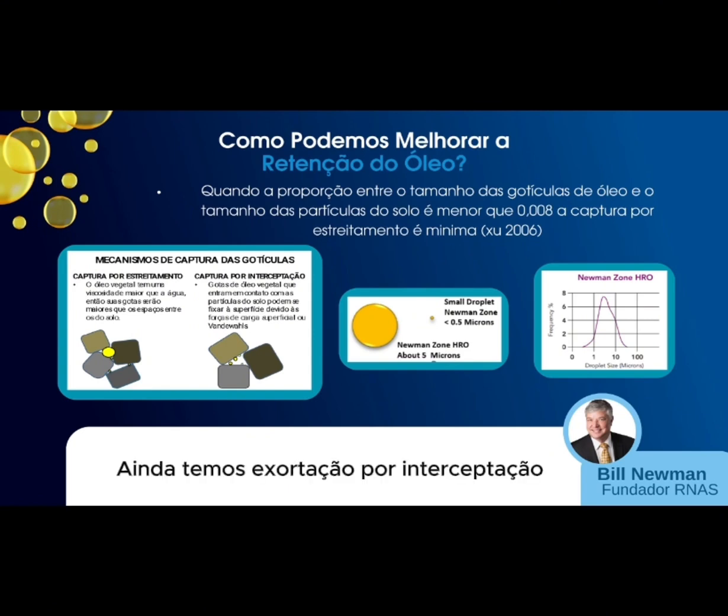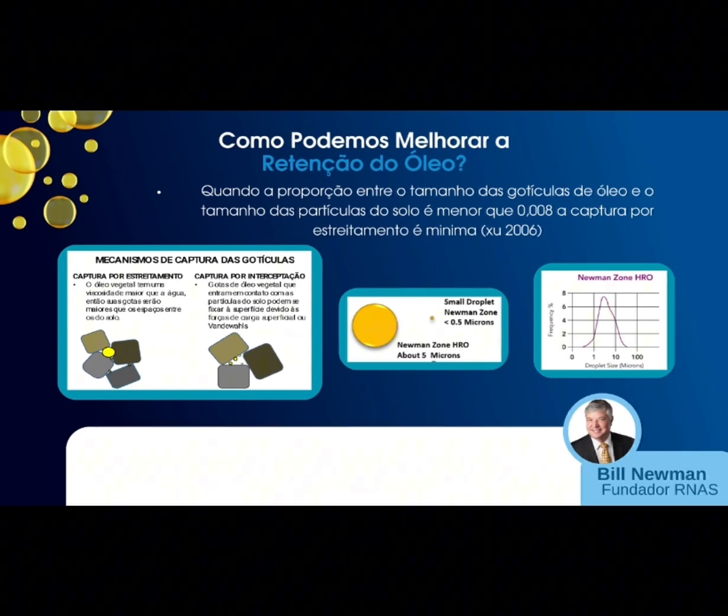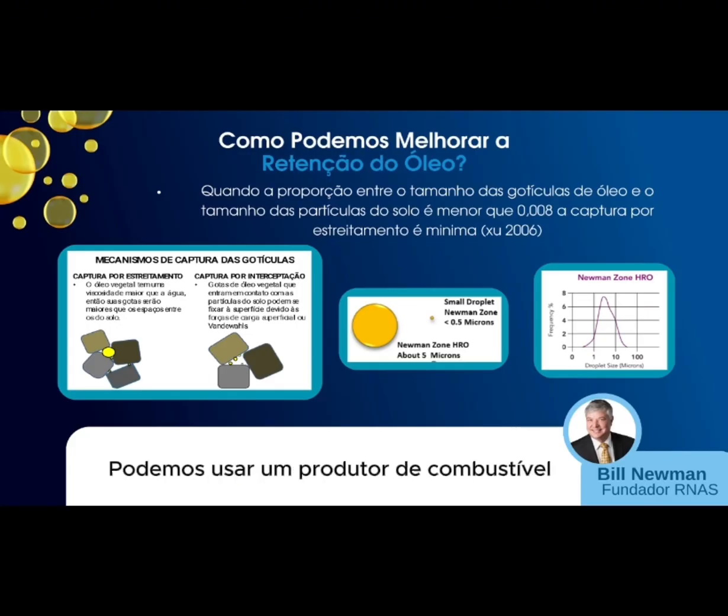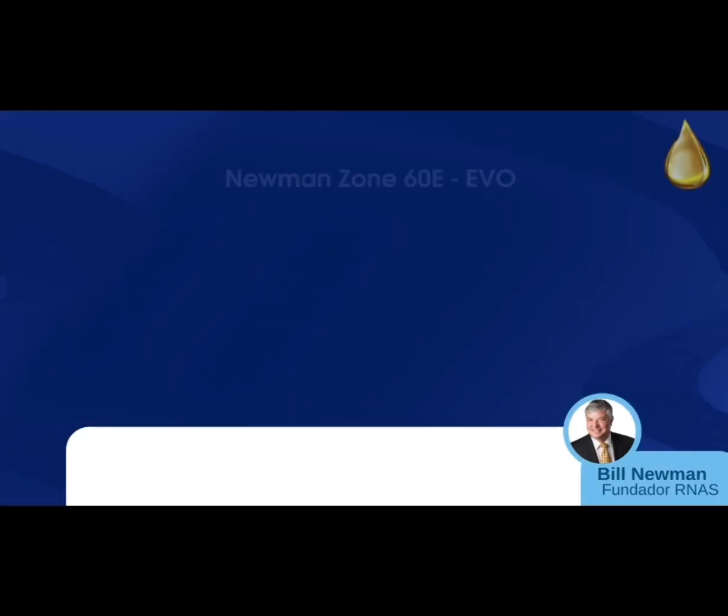We still have absorption by interception, but essentially no straining. If we want higher retention, we can use a field-produced emulsion like our HRO product, which averages around 5 microns. And we now see straining capture when the soil particles are on the order of 0.5 millimeter or smaller.